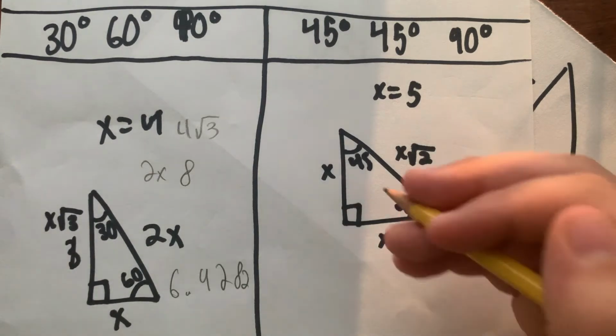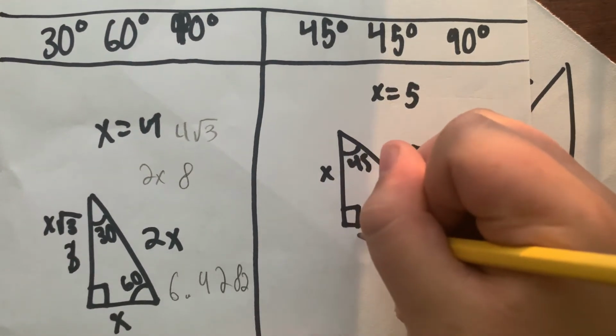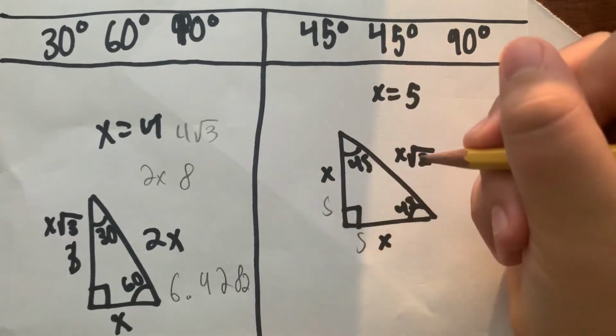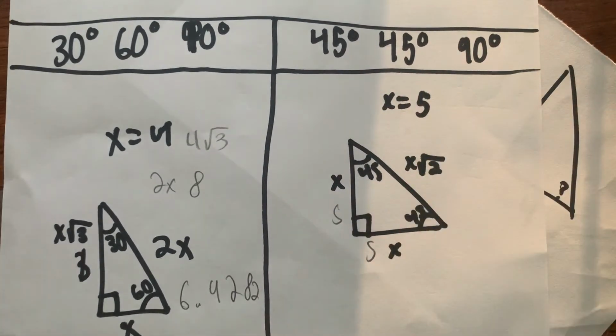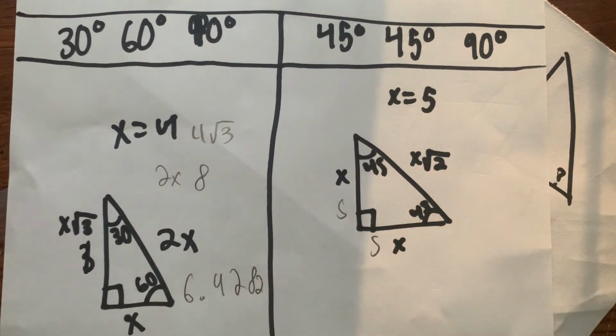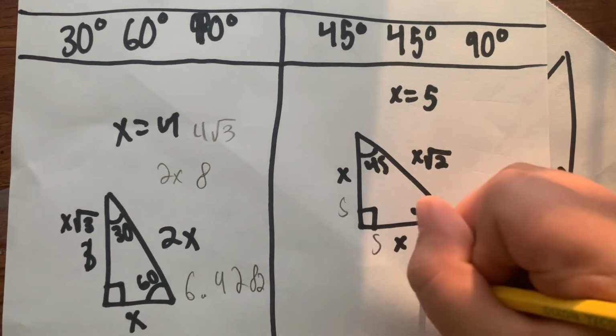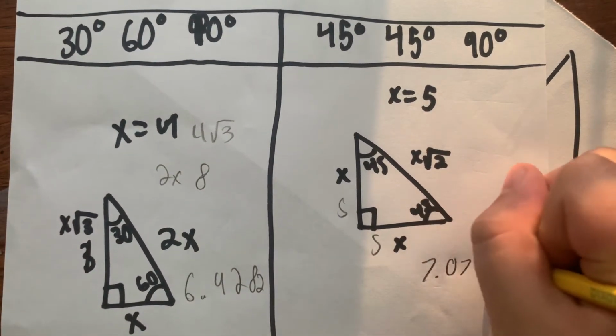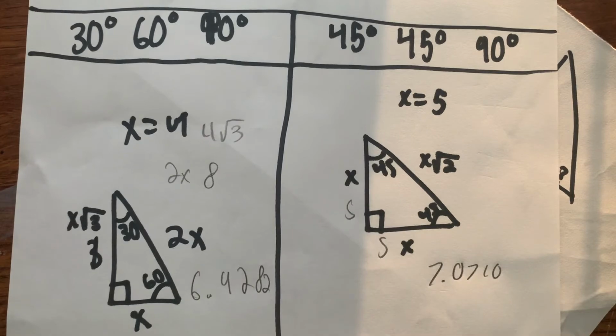So x is 5, which means you already know these two legs are 5. Your hypotenuse on 45-45-90s will always be x√2. So that is 7.0710, which works out if you're thinking about that.